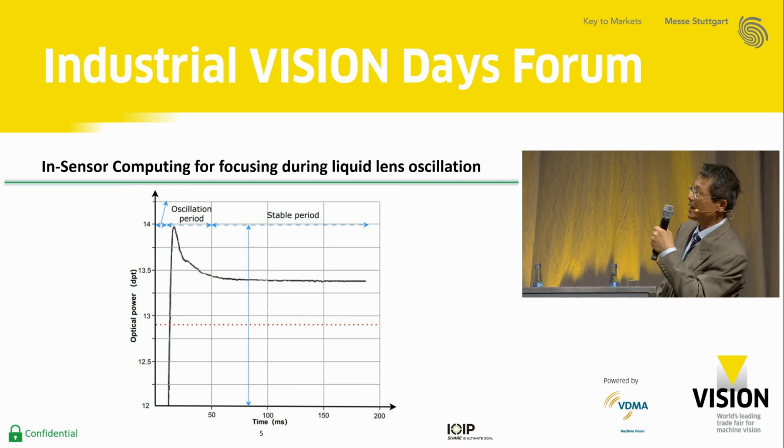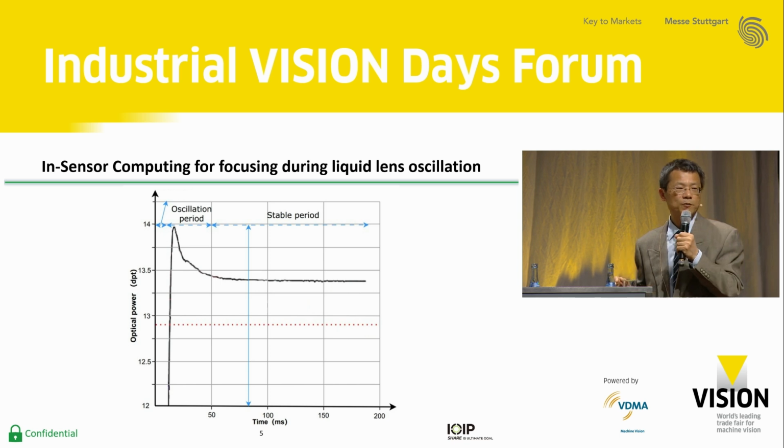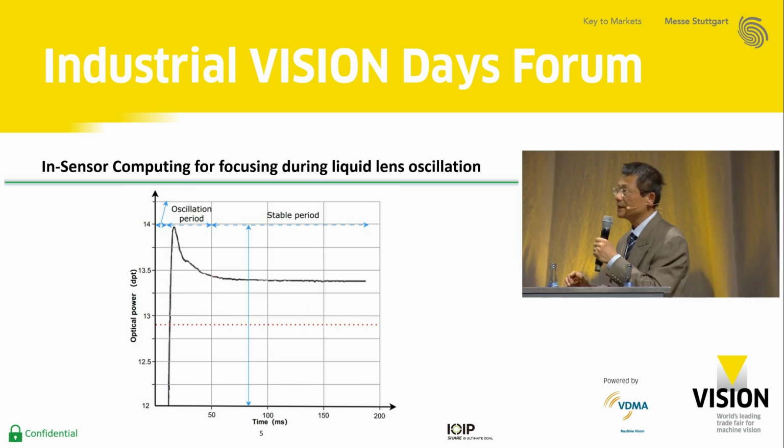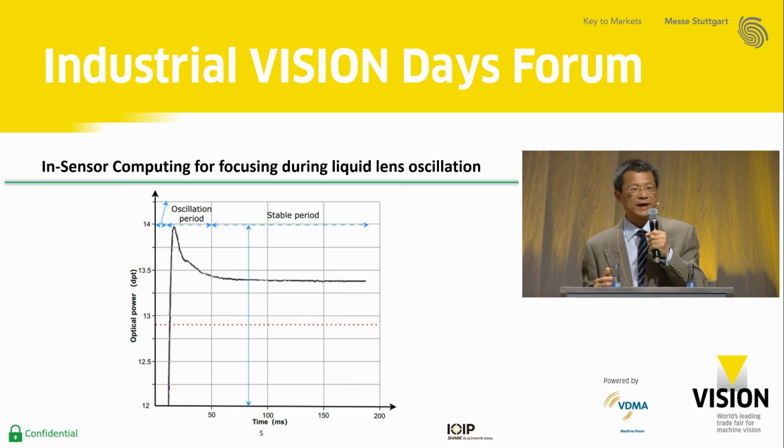You can see that in maybe less than 20 milliseconds, the optical power is almost the same as the stable period. So we can get the image there instead of waiting 80 or 90 milliseconds.